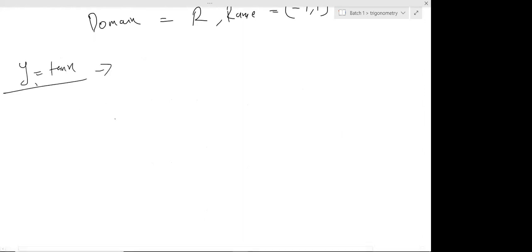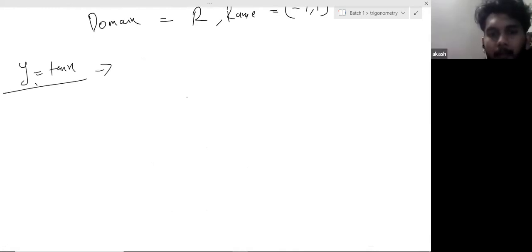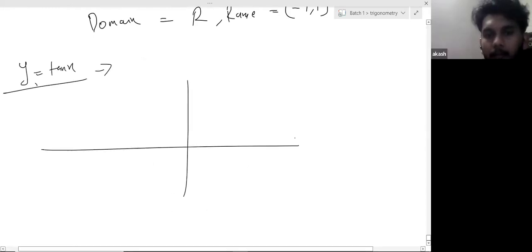Graph of tan x. For this you should first draw some dotted lines at odd multiples of pi by 2.